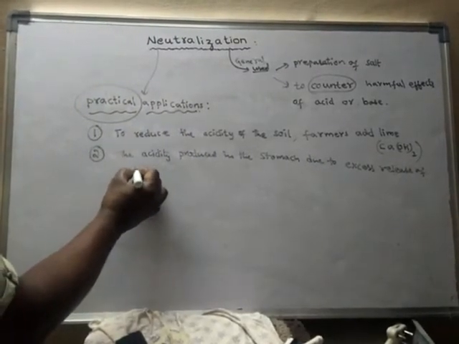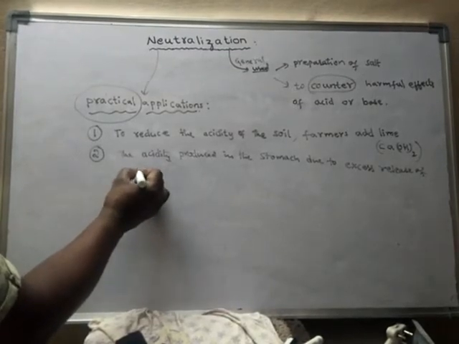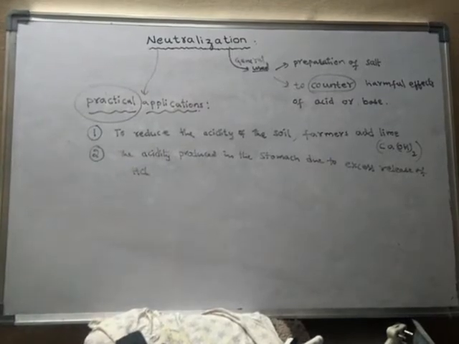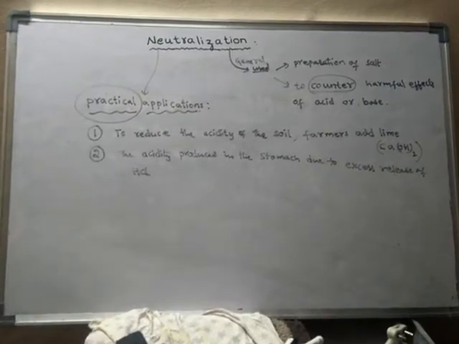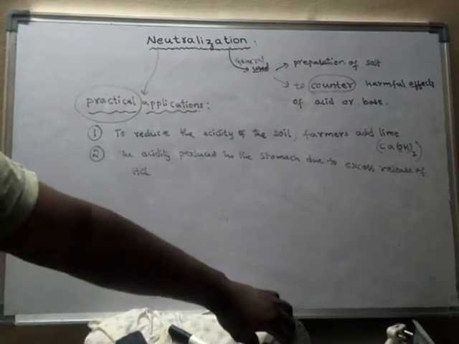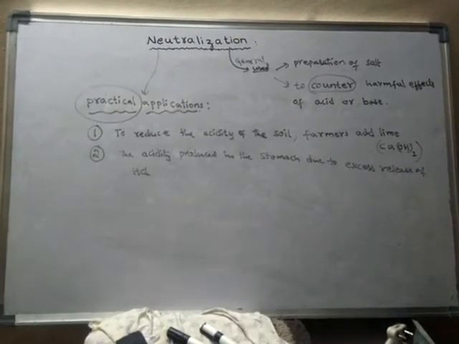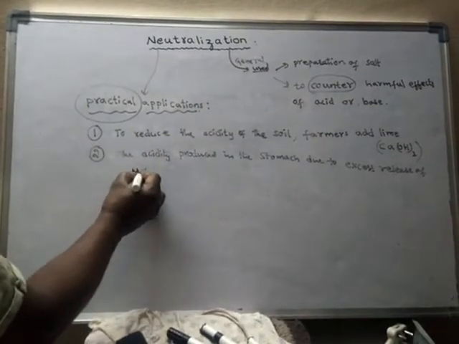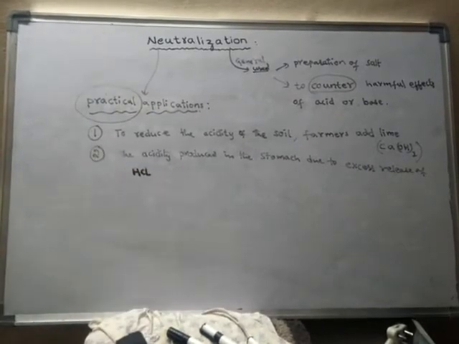Actually, in the stomach, hydrochloric acid is released continuously, whenever needed. HCl is useful for the digestion of food, so it is released in the process of digestion.